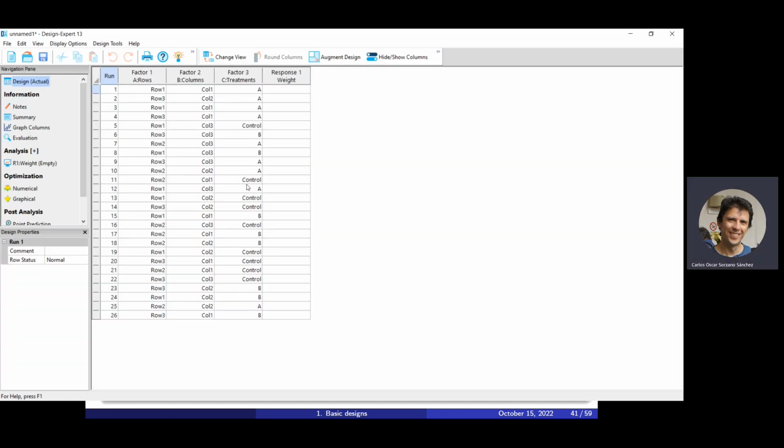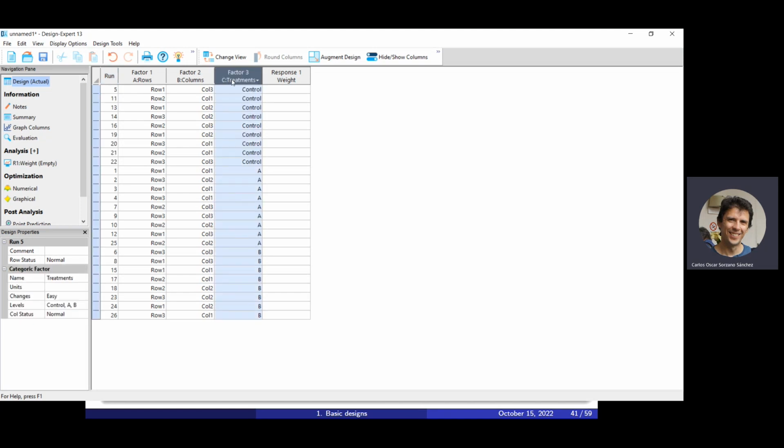Okay, so now, again, these are all the runs, and let us sort them. So here time doesn't have any meaning because we will do all these experiments at the same time. And then what we see is that we have to split each one of the subplots.